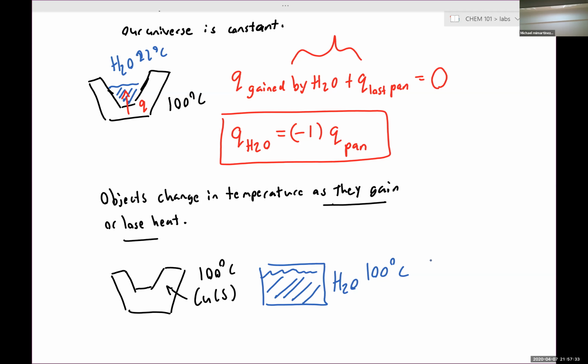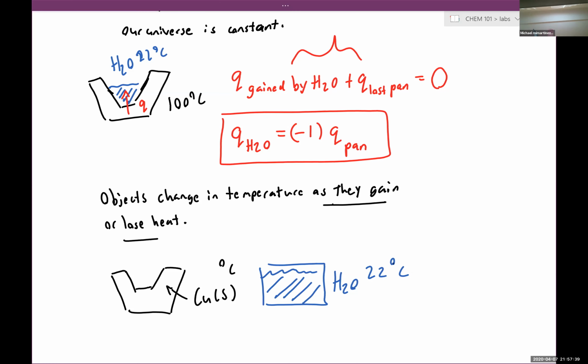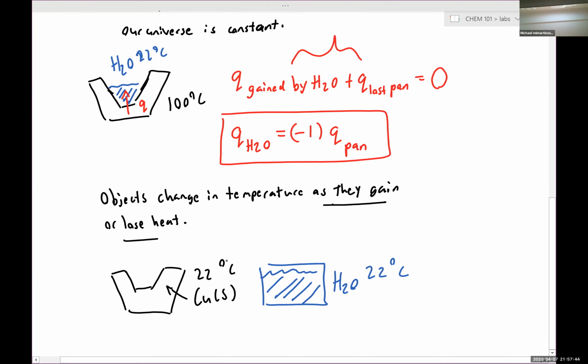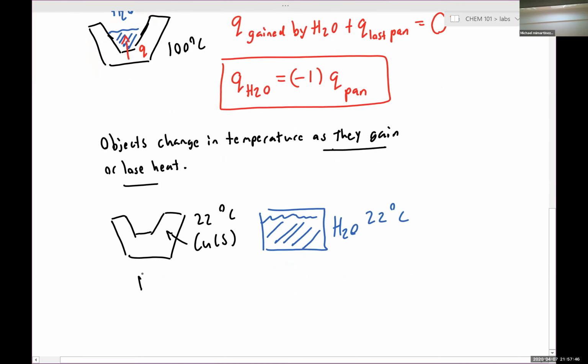Or let me phrase this another way to help us invoke our intuition. So if we have, for example, a copper pan and some water, and we expose it to a flame. So let's suppose we put a flame under both of these two samples. What's going to warm up faster, the metal pan or the water?